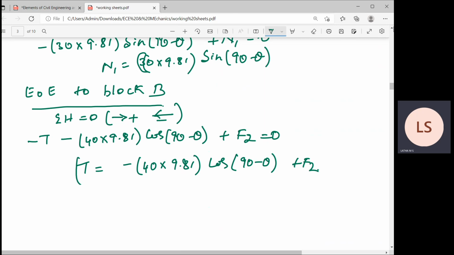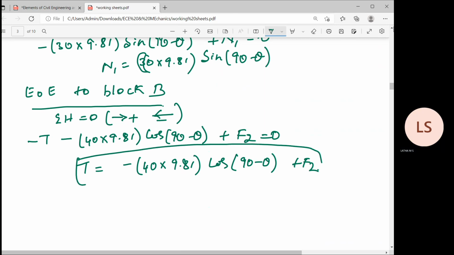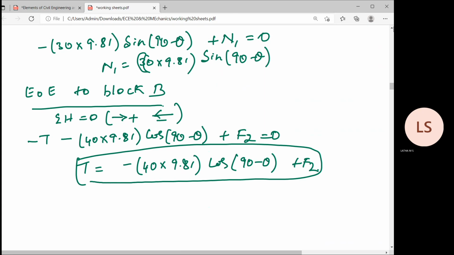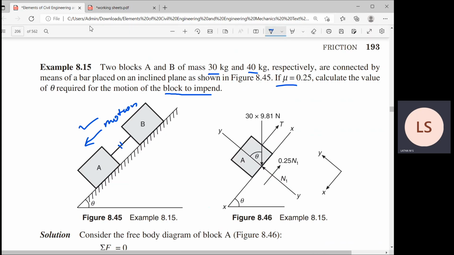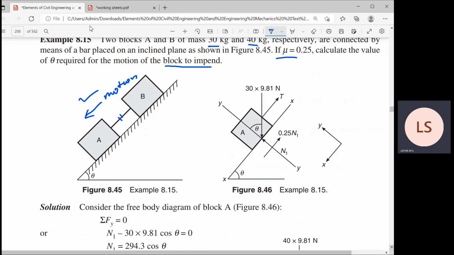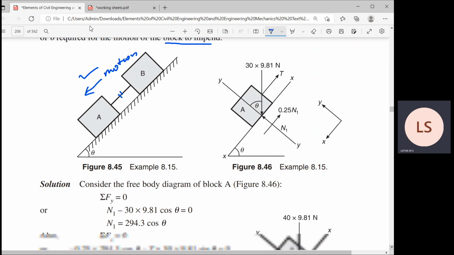I call this equation 2. Now you can see, two equations are taken up, right?